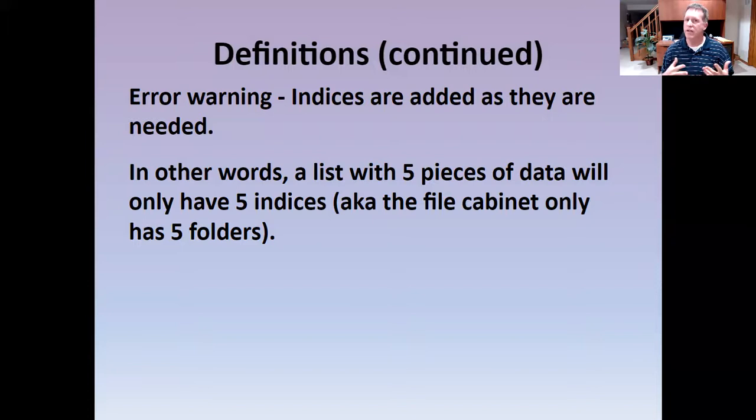The computer's not going to know what to do. It's going to get confused. It's going to be like, hey, I trusted you and you said look in folder number 6, but folder 6 isn't there. And so I'm not sure what to do. Have I made a mistake? Should I not trust you? Is the list broken? What's going on?